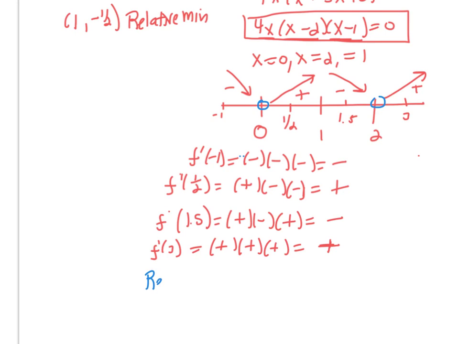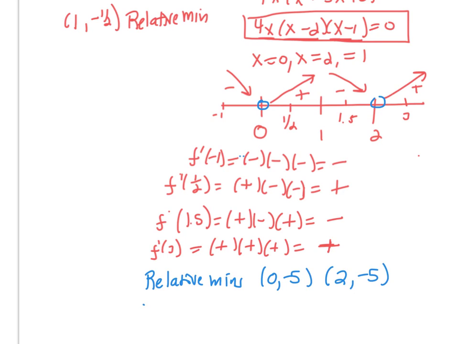So we would say that there are 2 relative mins, and they would be at 0. And then you have to plug 0 in for x into your original function, and you would get negative 5 out. And then you have to check out positive 2. Again, plug 2 into the original function, not the first derivative, but the original function, and we get negative 5.